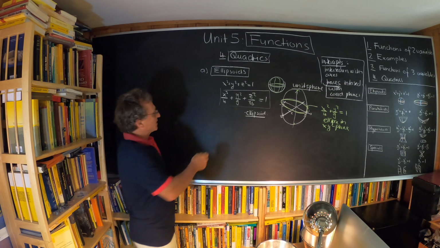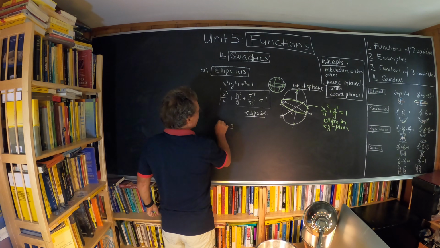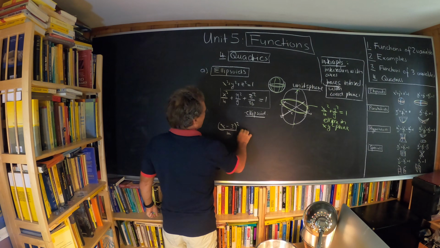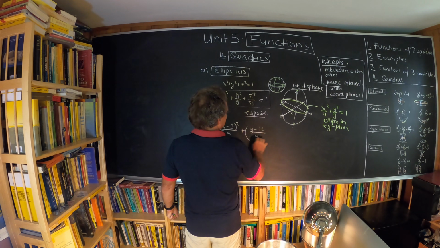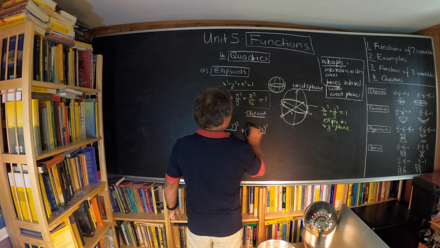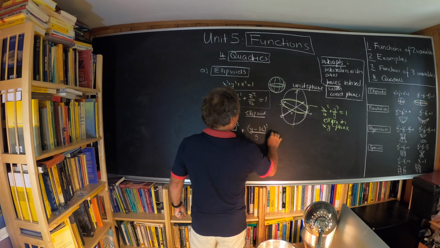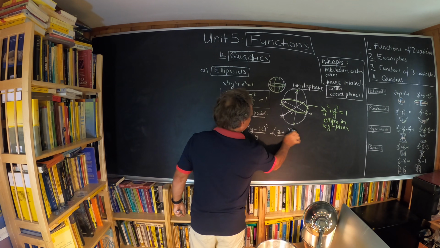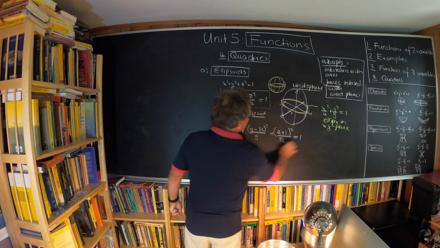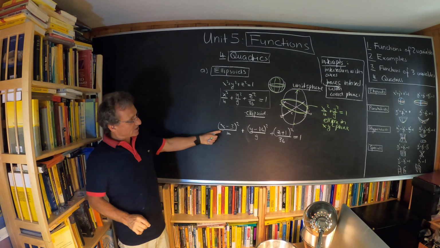And we can also move it around. For example, x minus 3 squared over 4 plus y minus 16 squared over 9 plus z plus 1 squared over 36 is equal to 1. So in this case, everything has just moved over.